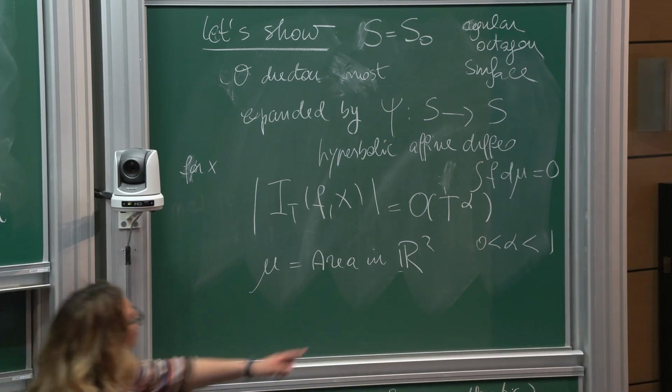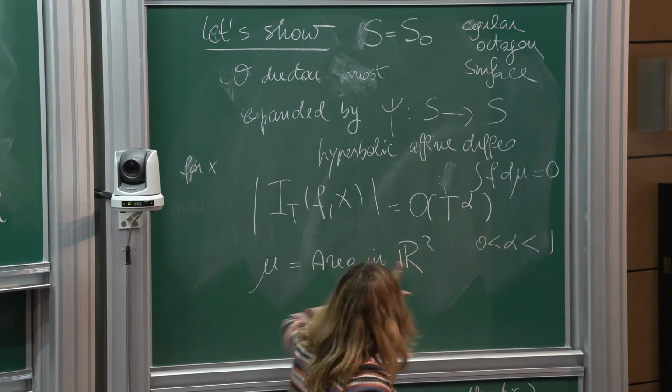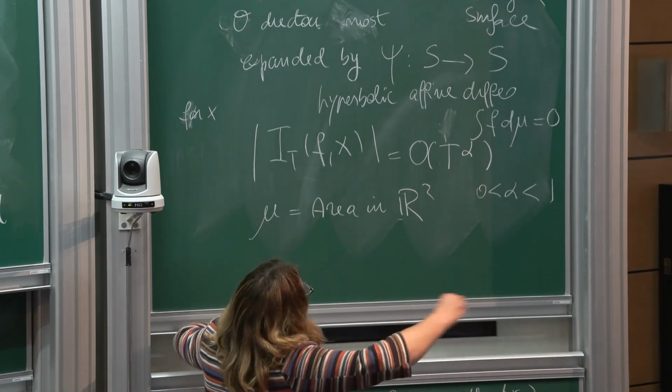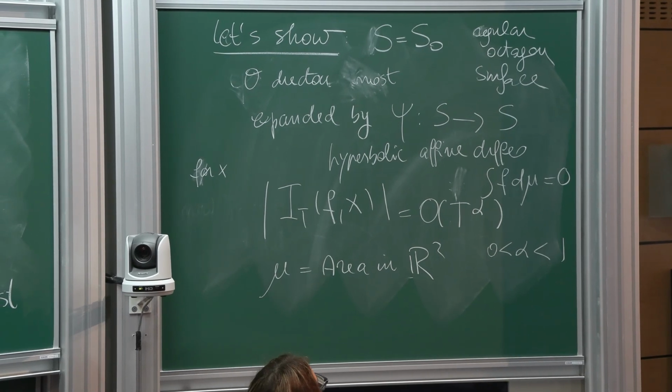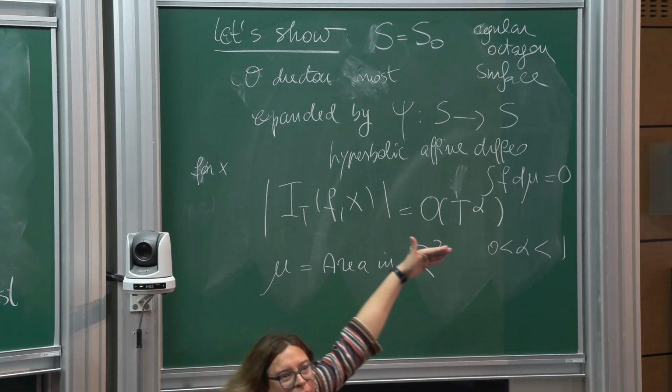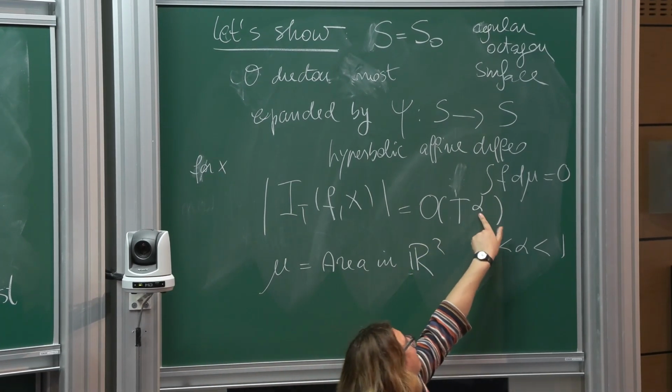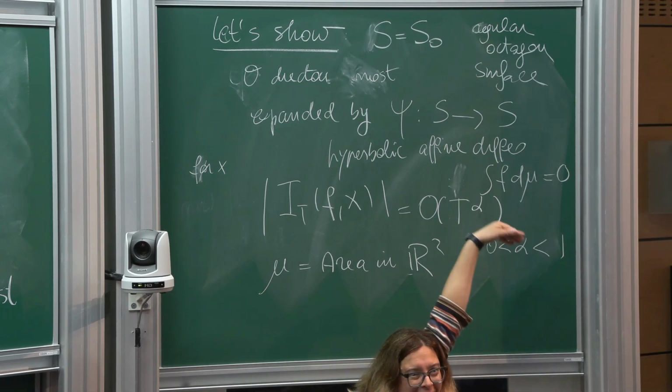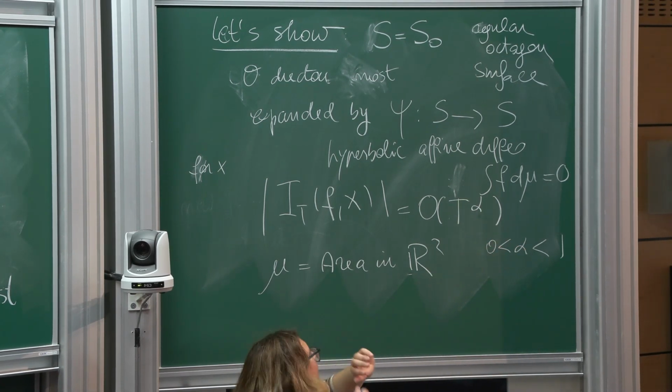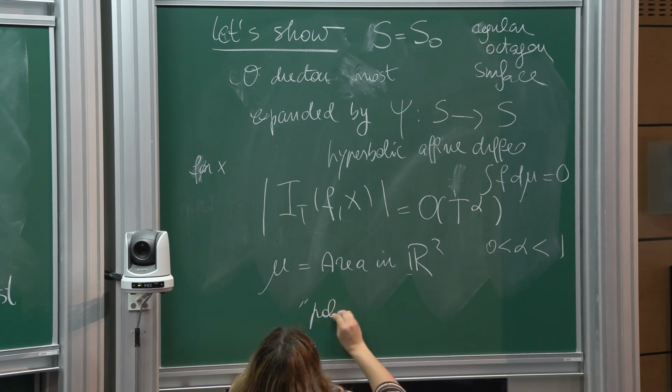So if the function has mean 0, the ergodic average, when I divide by t, has to go to 0. And this power is less than 1, so when I divide by t, I actually go to 0. This is what's called polynomial deviations.